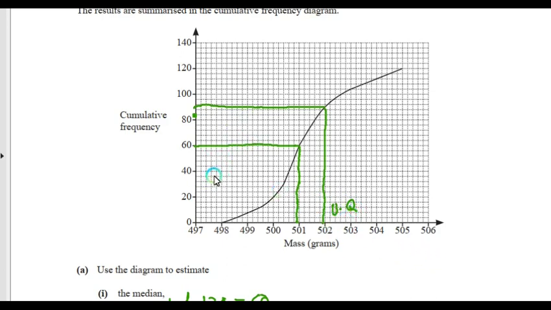Similar for the lower quartile for 30, and its value is this, and it is exactly equal to 500.4, 2 boxes above 500, right?